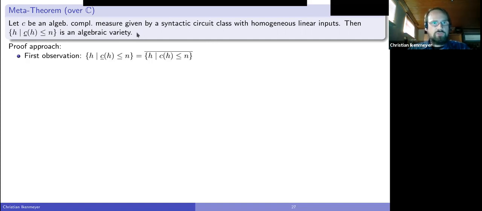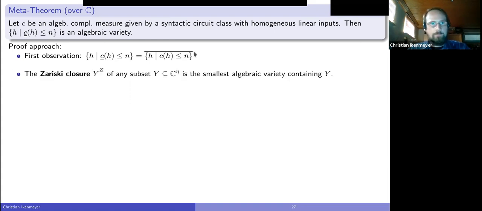The proof approach is, first observation: if the border complexity is at most n, that's the same as closing the whole set. But that's just the first observation, because this is by definition of the border complexity measure, right? So this is already closed, like Euclidean closed. But now what we want is for things to be Zariski closed. So what is the Zariski closure?